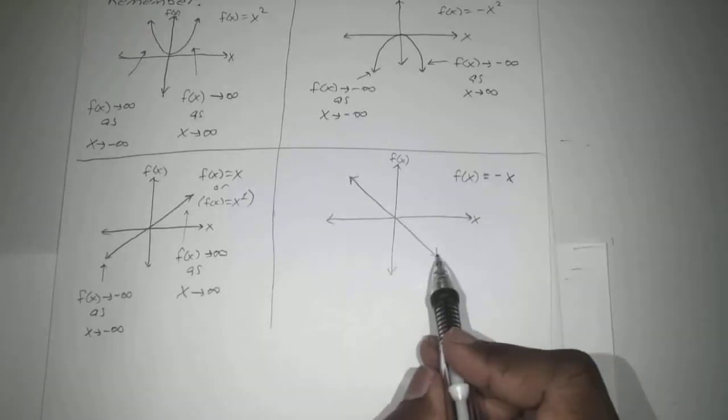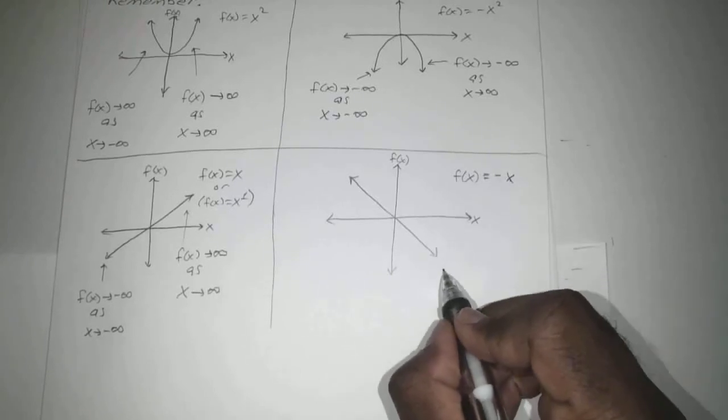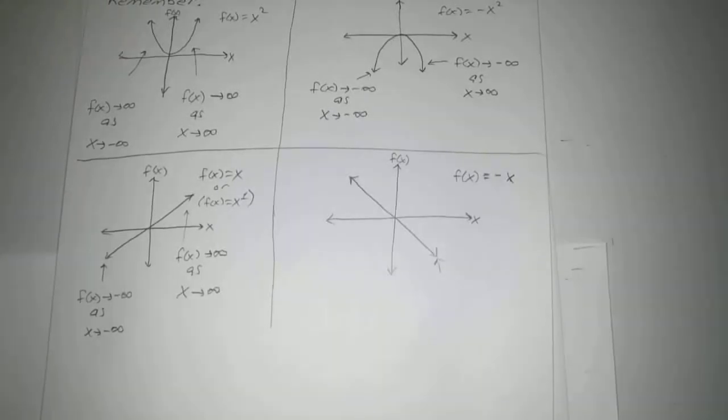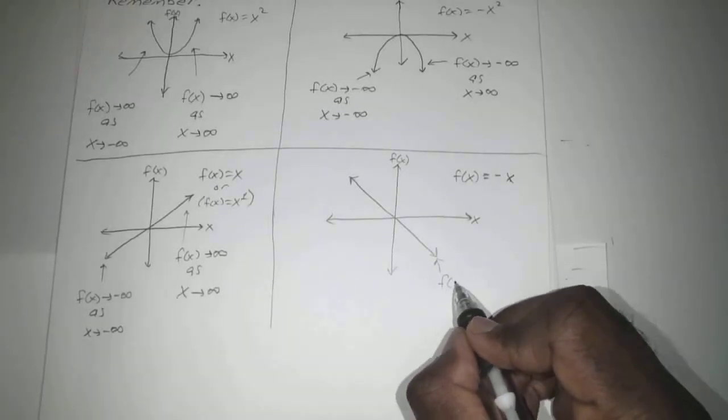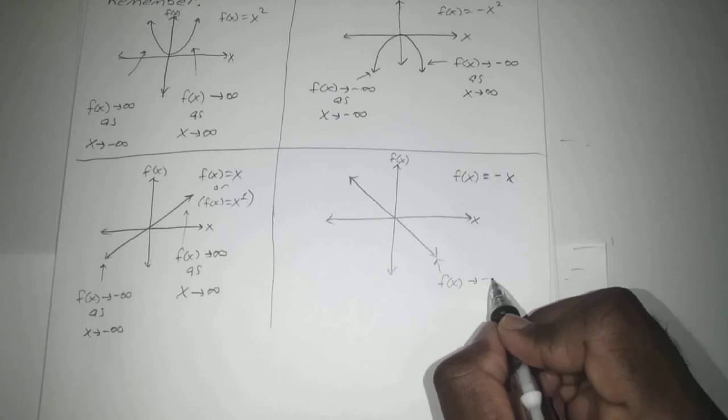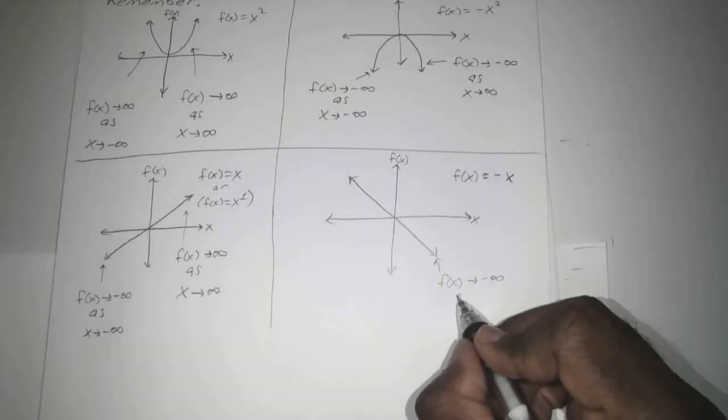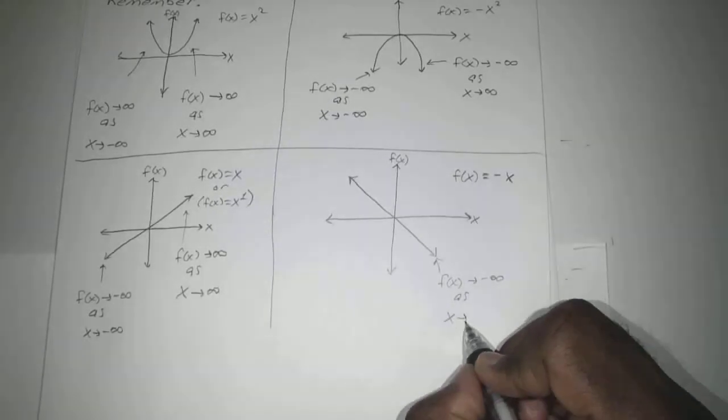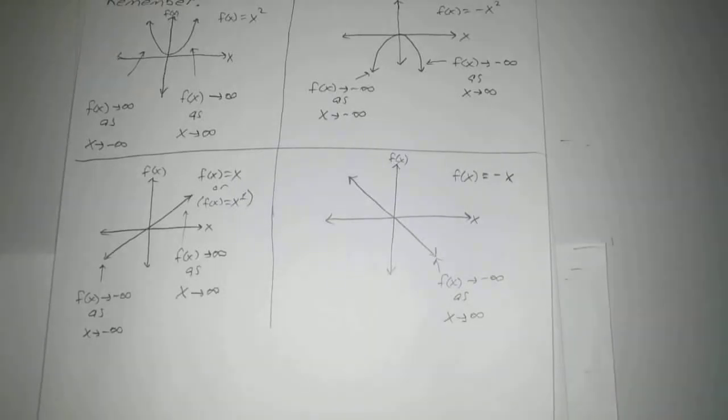Okay. Now if you look at this one, or this endpoint, you notice that as x gets bigger and bigger and bigger, your f of x gets smaller and smaller and smaller. It's going down and to the right. So your f of x approaches negative infinity as your x approaches infinity.